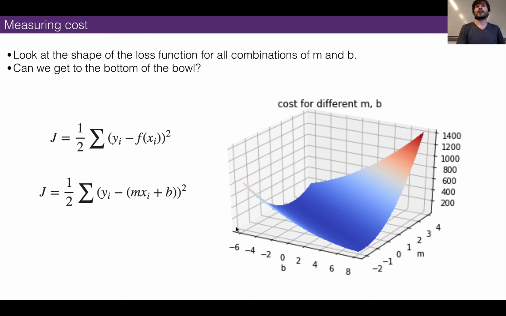For every value of m or b, you'll have a point here that reflects the cost, and it's always going to be bowl-shaped in linear regression. This is called convexity. It's a convex function, and so we can see what we're trying to do. You can see visually that we're trying to find the values of m and b at the bottom of this bowl. It's roughly m equals 1, b equals 0.5, something like that.